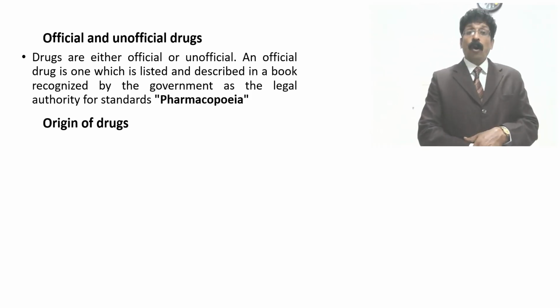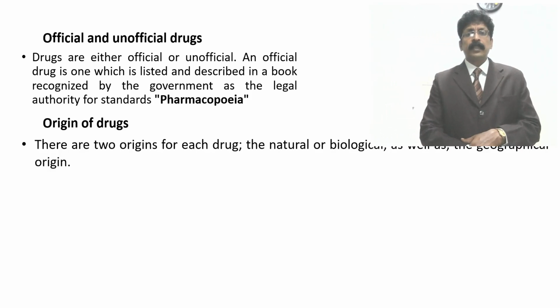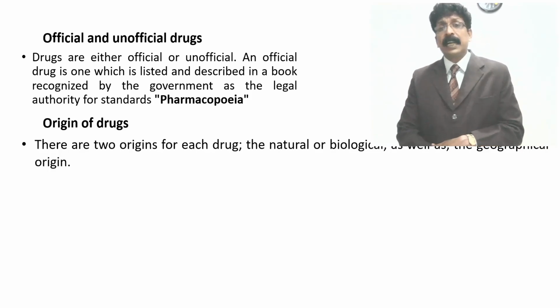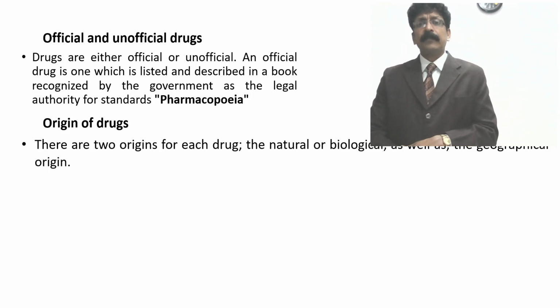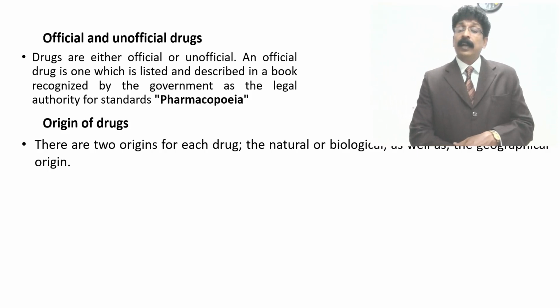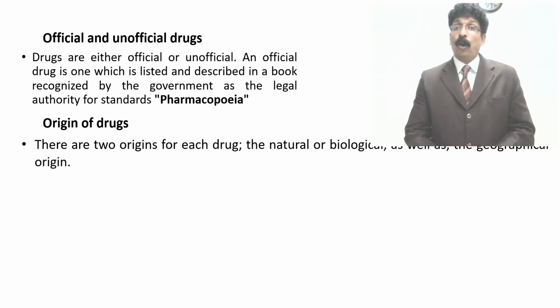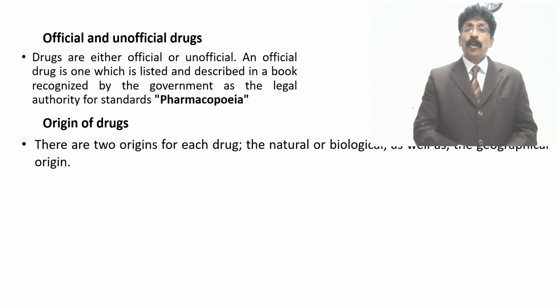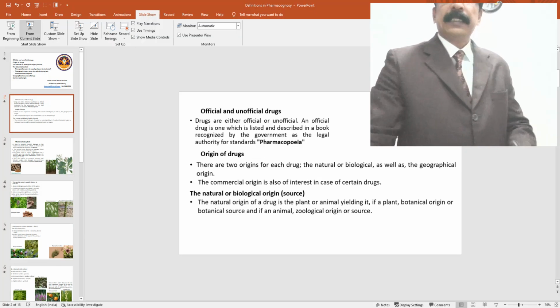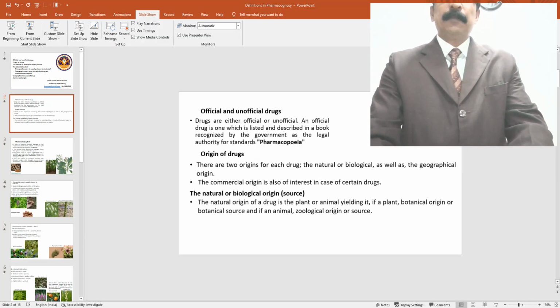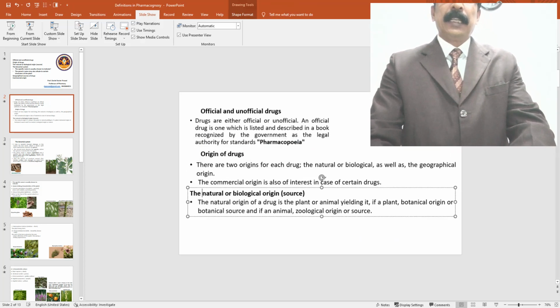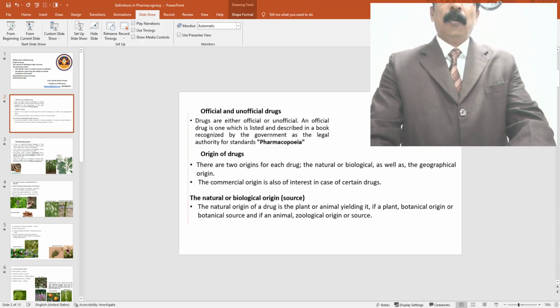Origin of the drug means there are two origins for each drug: the natural or biological, as well as the geographical origin. If it is not clear, just a minute, I have to pull down so that the students can clearly see what is there.